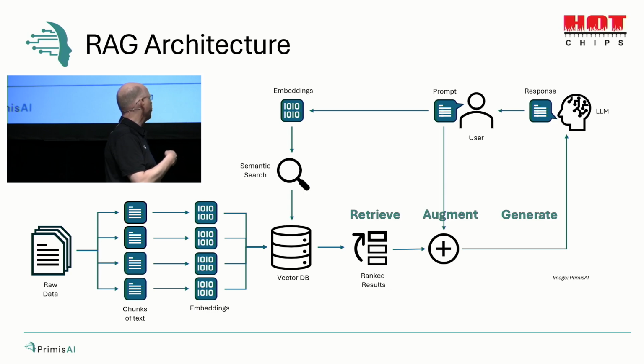So for example, if the prompt refers to a specific IP, then the semantic search will find in the vector database that certain IP which would receive a high ranking, and you would augment the prompt from the user with that information and then generate the response to the user.